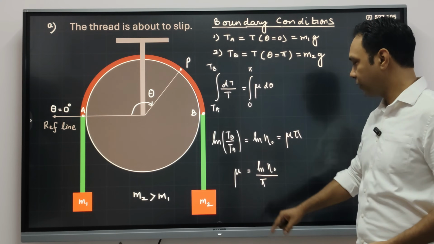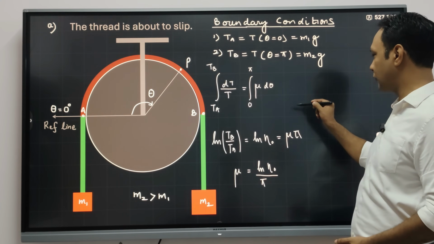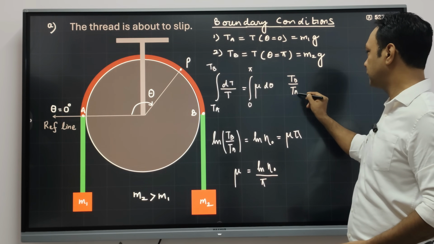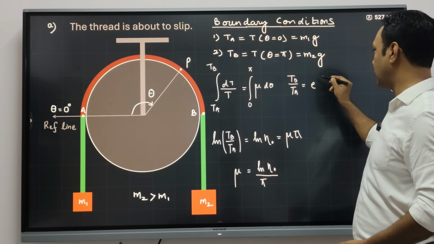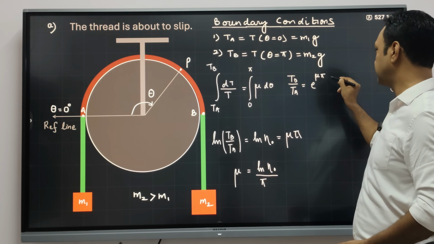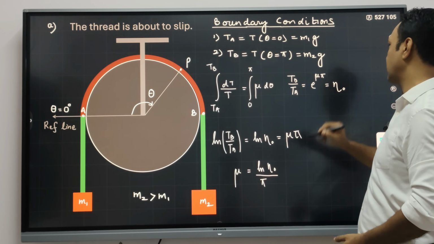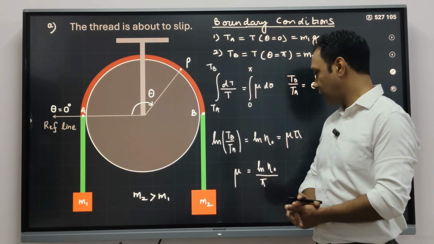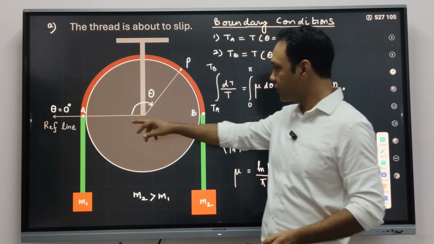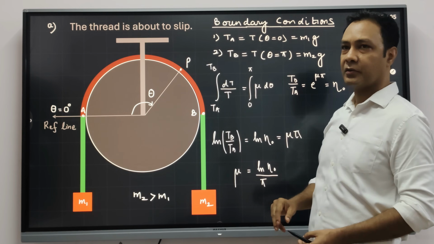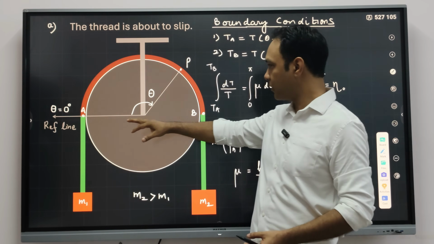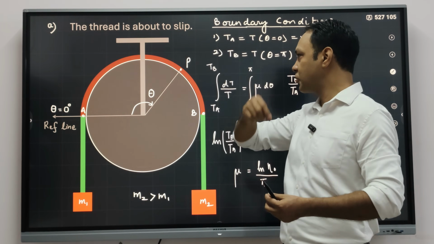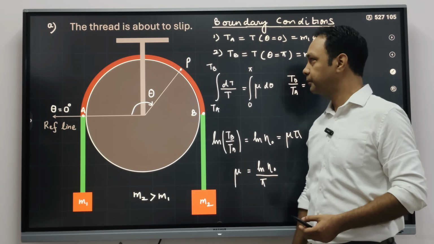And TB by TA is equal to e power mu pi, and that is eta naught. So that is the first part. We got the expression for mu. Basically, the bigger relation is how tension varies with theta. Normally in this setting theta can be maximum 180 degrees, but we can wrap multiple times, so tension will keep on increasing exponentially.